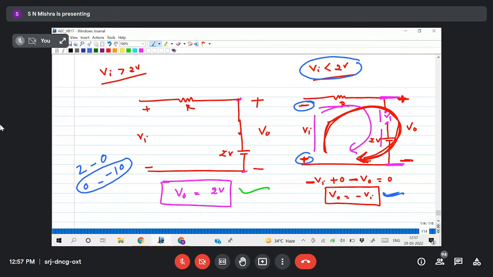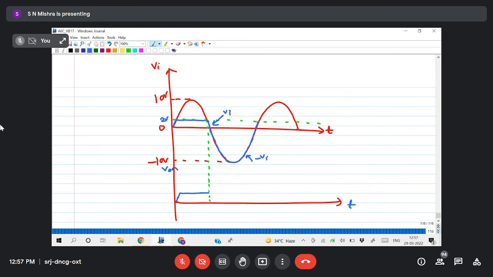If you take 2 to 0, then V naught equals VI. Whenever your input is between 0 and 2, in the positive half cycle, then it will be VI. So it will come like this, like this, like this, and then like this, it is moving.